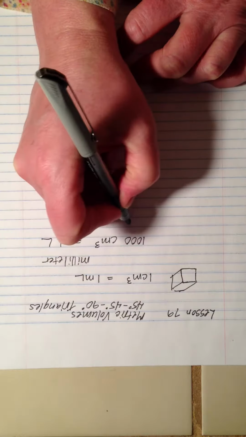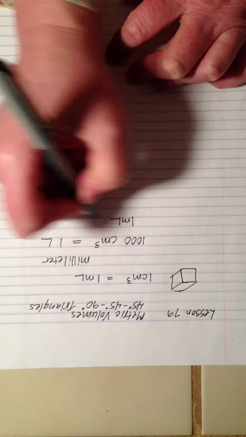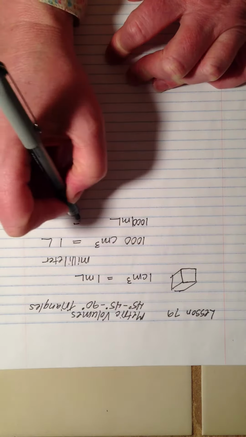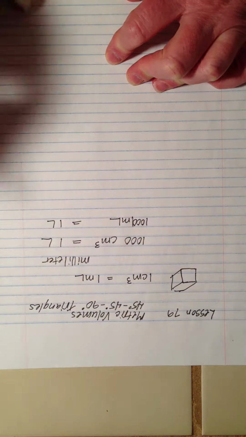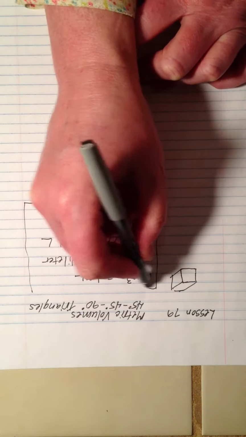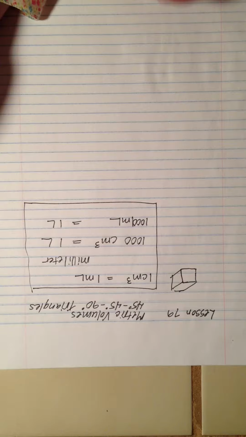Or another way of saying the very same thing is that 1,000 milliliters equals 1 liter. So these are some relationships that we're going to use in doing conversions that will be very useful.